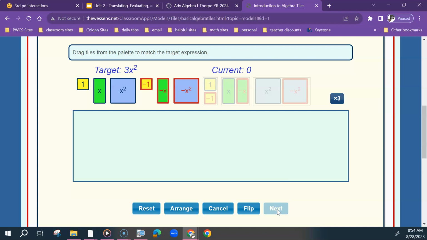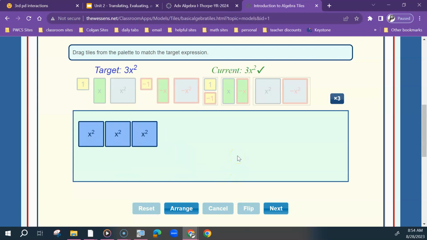How would we model that? Go ahead, Lily. 3 of the positive x squared. Yes. So just like when we were doing the x's, you can't do 3 ones and an x squared. You have to do 3 of whatever it is. Let's move on.